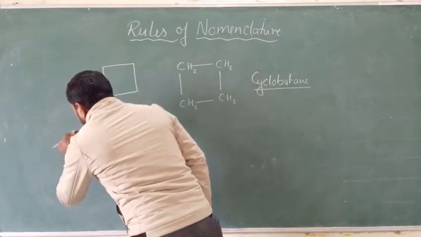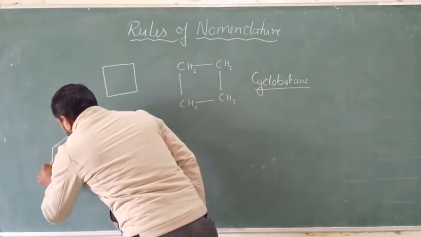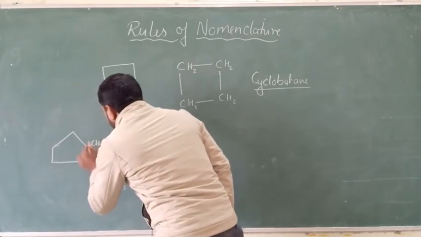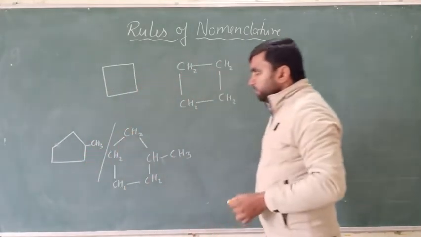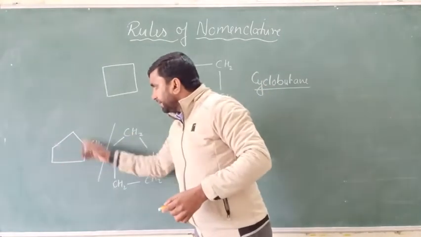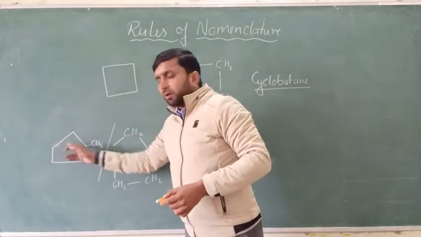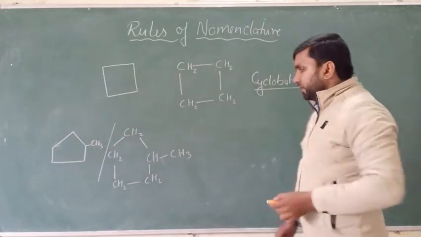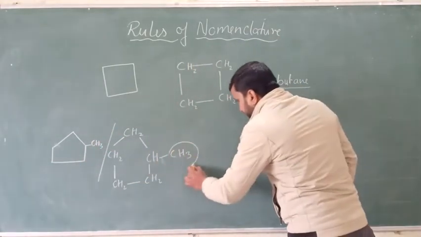It is nothing but CH3. So this can be drawn. This is a cyclic compound in which there is a total of 5 carbon atoms, 1, 2, 3, 4, 5, and there is one branch of 1 carbon. So this is the branch.